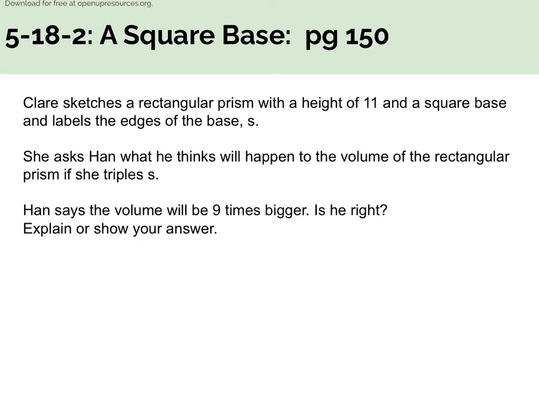So let's figure out if Han was correct or not, if it's going to be 9 times bigger. So first of all, let's think about the equation for Claire's rectangular prism. So it has a height of 11, and it has a square base, and the sides are labeled as S. All right, so I went ahead and sketched my rectangular prism.